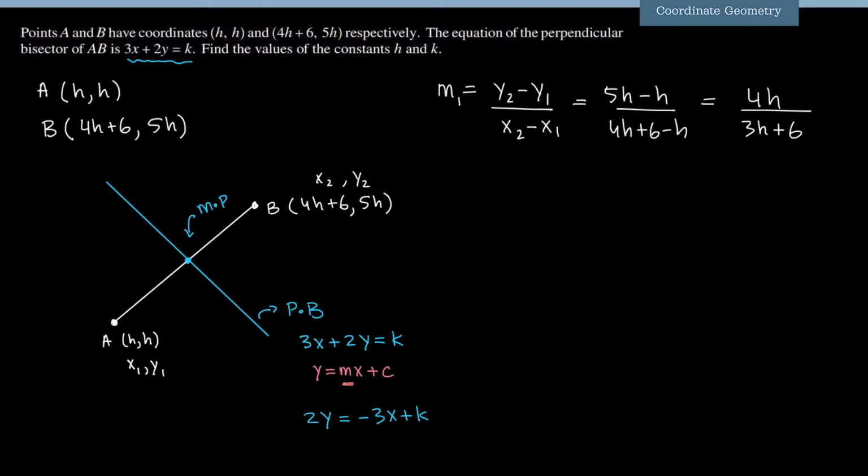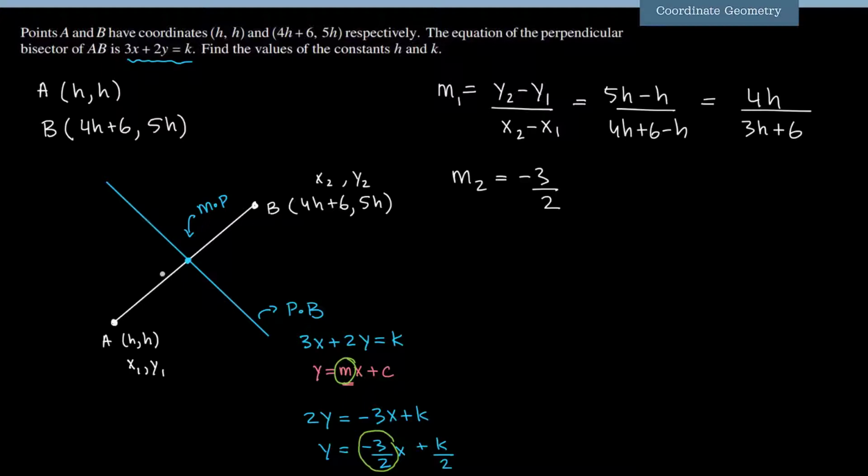Now if I divide both sides by 2, I'll get y = -3/2 x + k/2. You can see that the coefficient of x is -3/2. So the value of m2, the gradient of this perpendicular bisector, is -3/2.